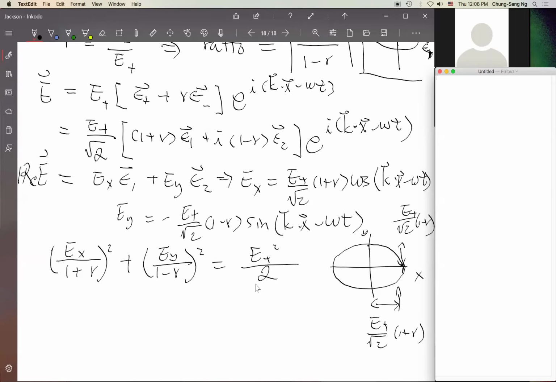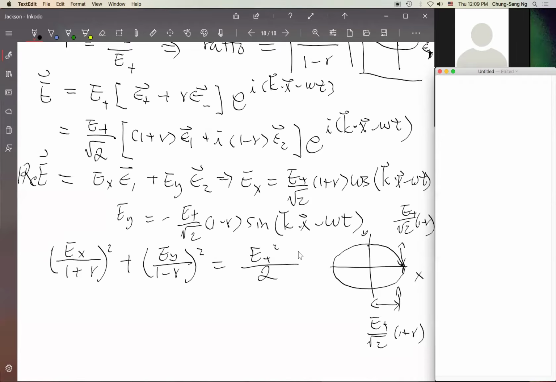Okay, so that is a situation of an ellipse. Therefore, what we call this is elliptical polarization. So this is a general case, okay, except that we are talking about just a special case that R is real. Then we can say that the ellipse has the major and minor axes along x and y, or epsilon 1 and epsilon 2.